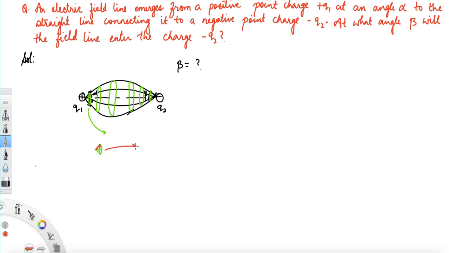I'm zooming it out. So this cone is forming an angle of alpha; the semi-apex angle is alpha. So point charge q1 is here.